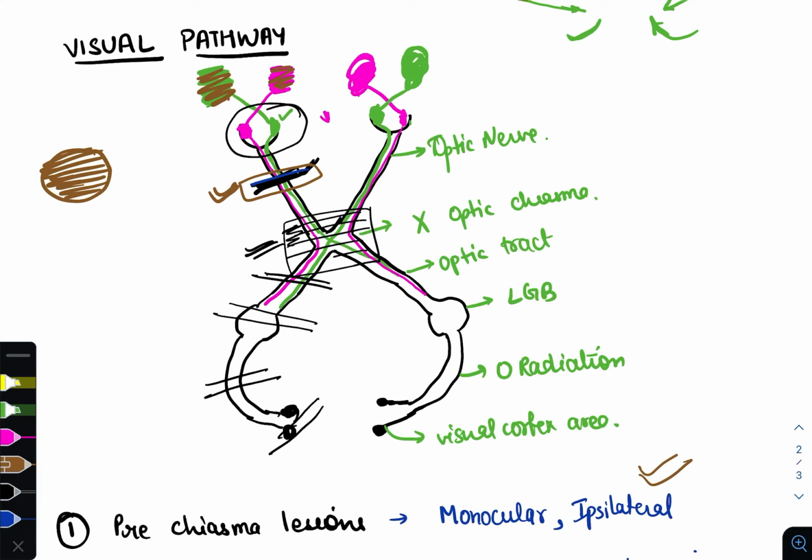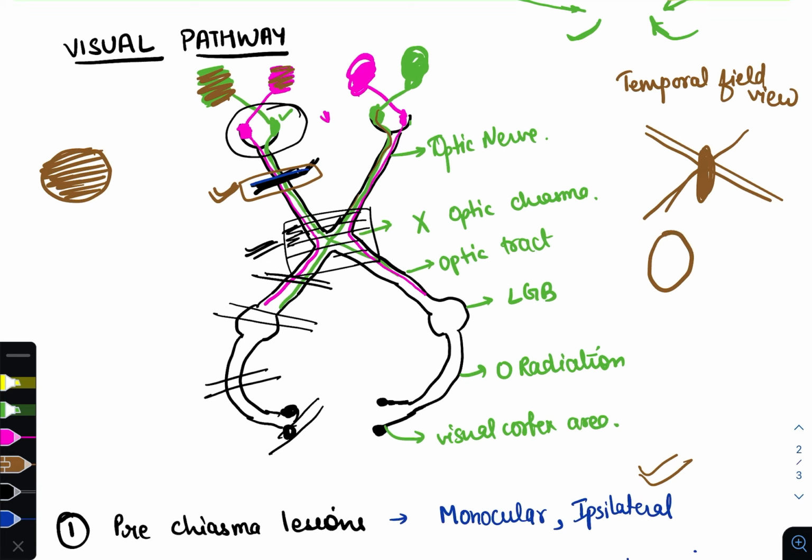Now in the optic chiasma, what will happen? Here, this one is our crisscross. If there is a defect in the optic chiasma like this, we can't see the green line, because the fibers only cross each other at the optic chiasma, so we can't see the temporal field of view. In both eyes, which area will we not see?